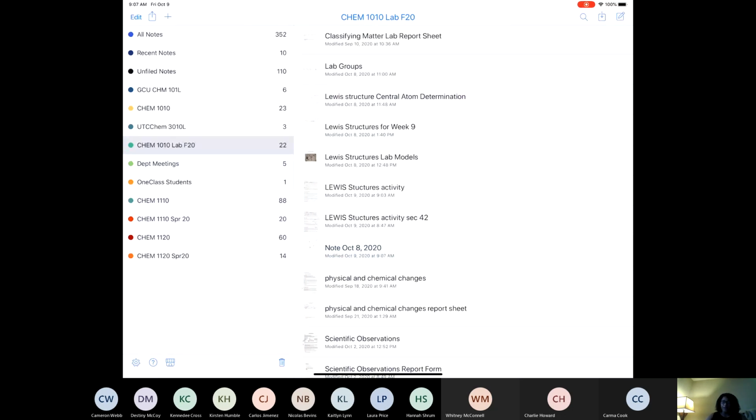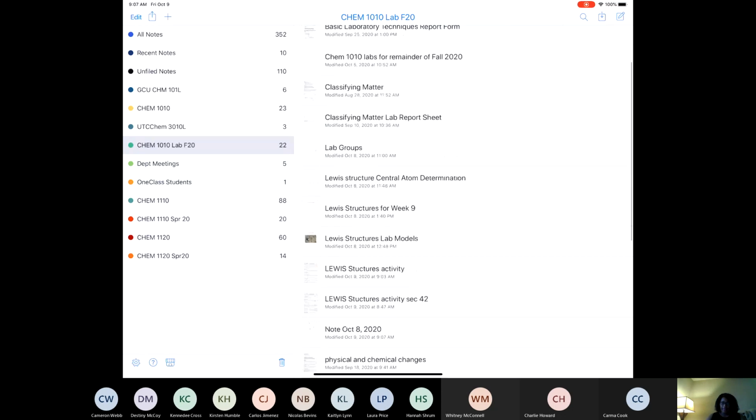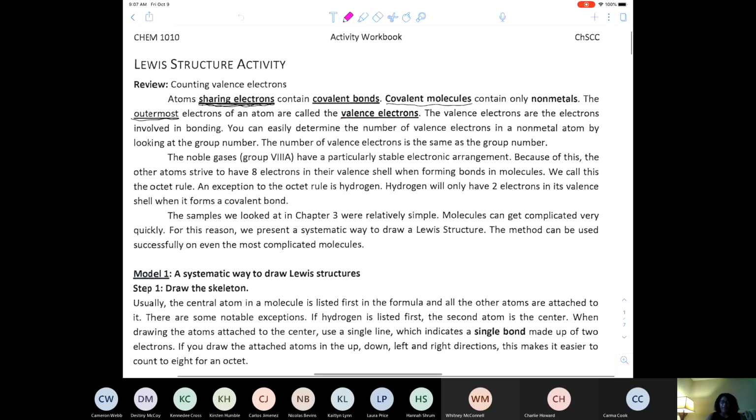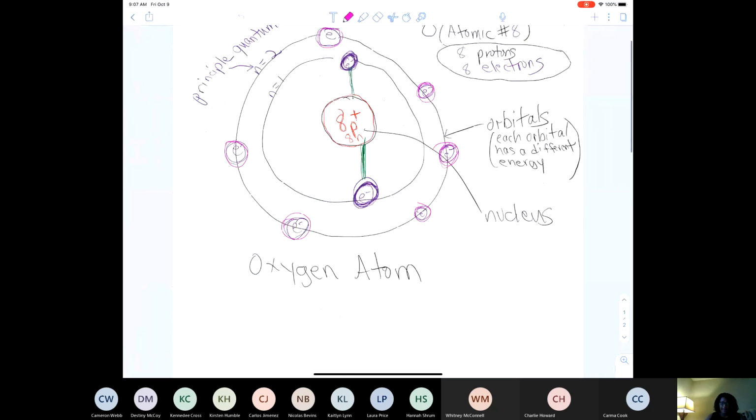And so these outer electrons that are available to form covalent bonds by sharing electrons are called valence electrons. Oxygen has 6 valence electrons.